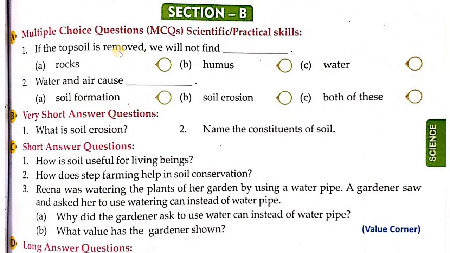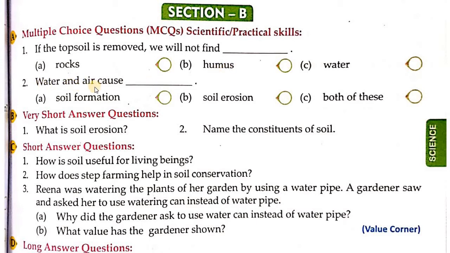Section B, multiple choice questions. If the topsoil is removed, we will not find rocks, humus, water. If the topsoil is removed, we will find humus because it's available in the topsoil.